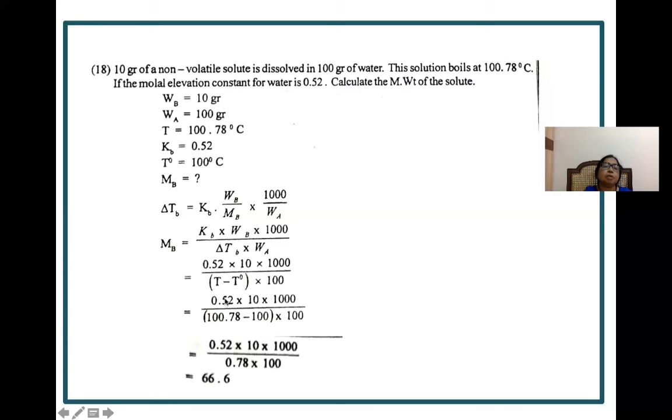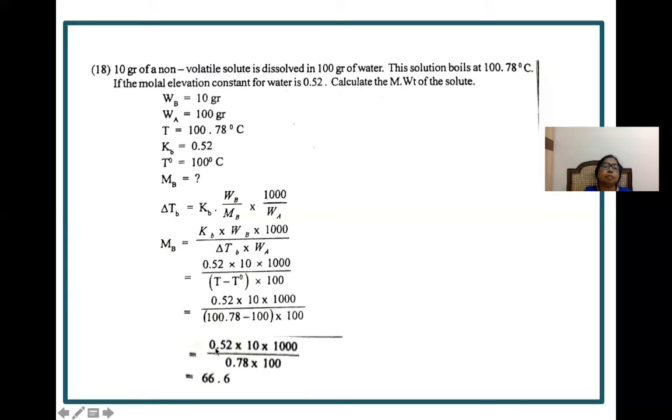So 0.52 into 10 into 1000 by this T, which is 100.78 degrees centigrade. T naught is 100.